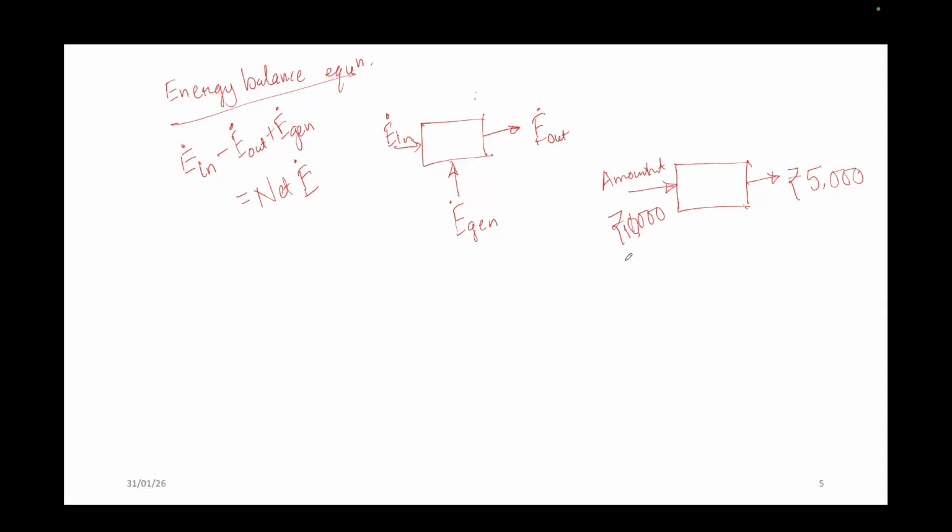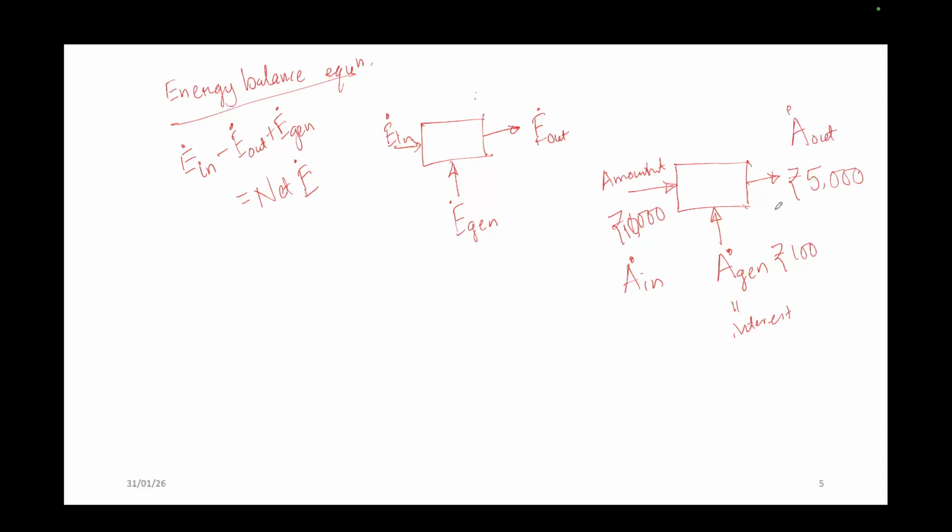So this is your amount in, and this is your amount out, right? If you have some amount in the bank, the bank gives some interest. That interest here is your amount generated, given by the bank. Say this amount is rupees 100.